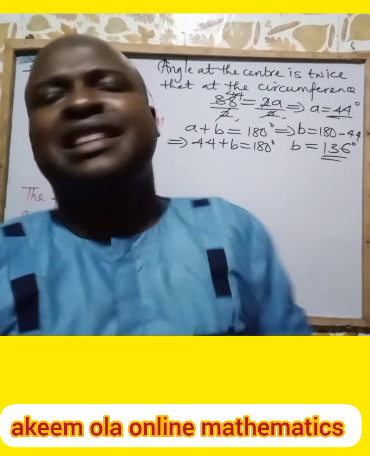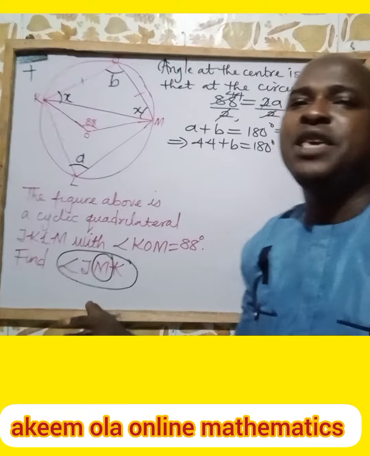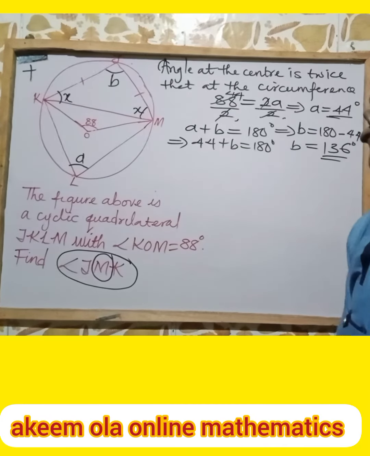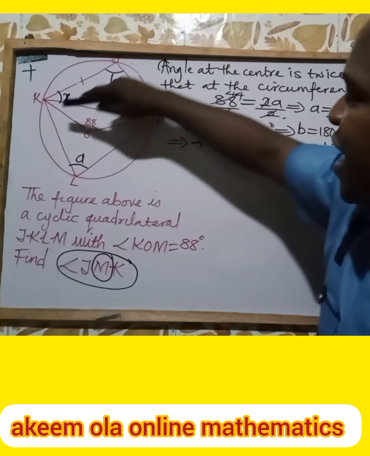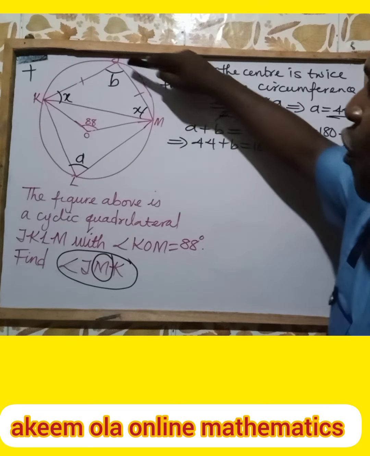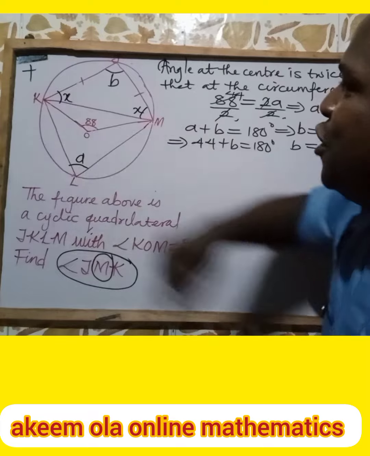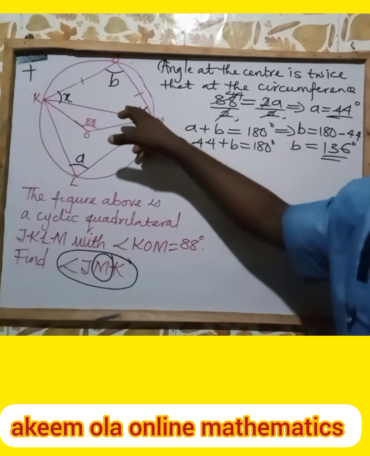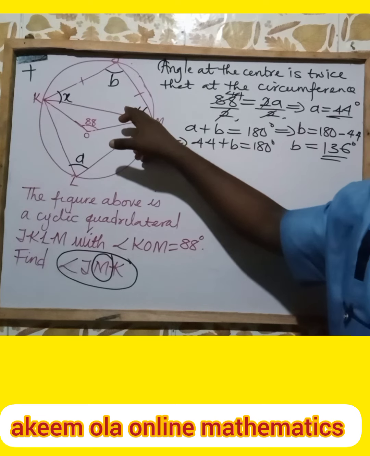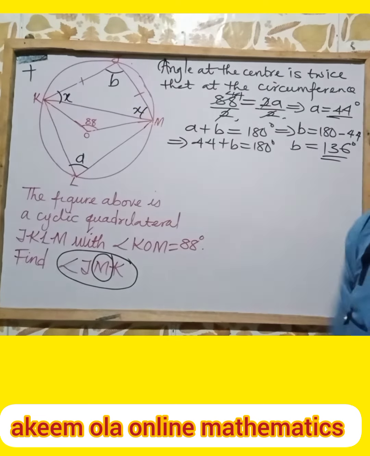When you consider the letter at the center, which is this M here, then you will know that we are considering J, K, M, or JMK. So we are actually looking for this angle X. That is what we are told to find. So we are looking for this angle X.